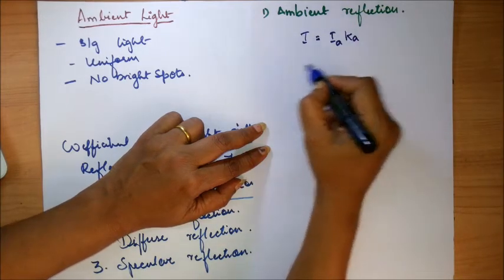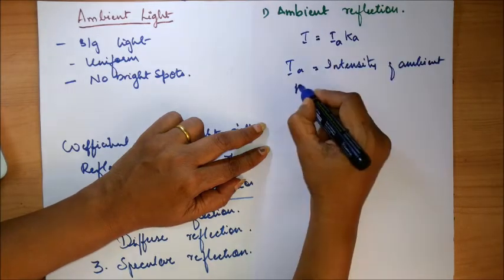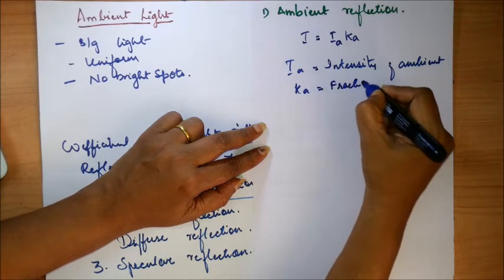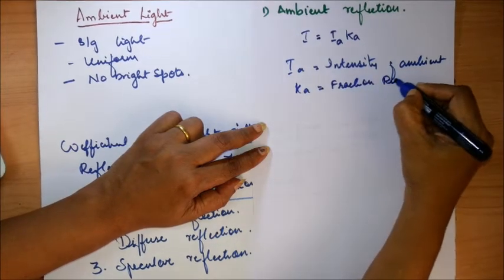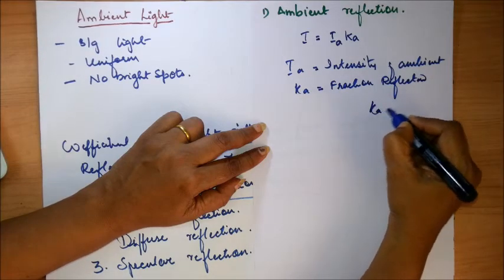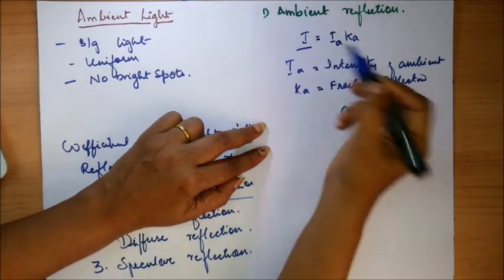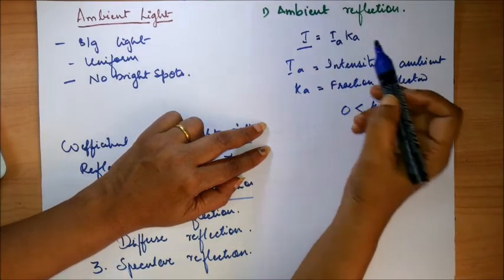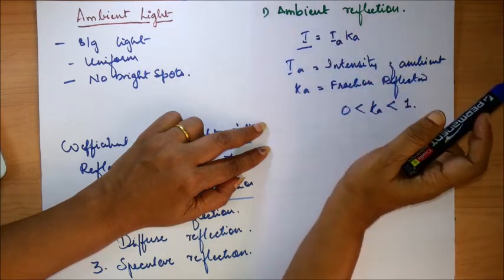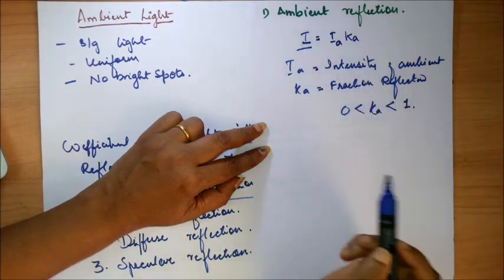So you can say here Ia is the intensity of ambient light, Ka is the fraction of the same that is reflected from the surface, which is between 0 to 1. You can calculate the amount reflected by an object because of the ambient light, which we call ambient reflection. That can be calculated using this Ia into Ka.